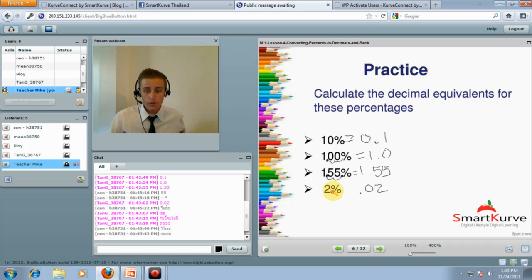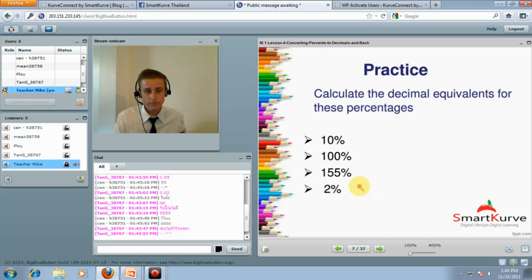For 2, the decimal point is right there at the end. Move it 2 spots over. It is now right there, and you add a 0, 0.02. Good job, Tang.